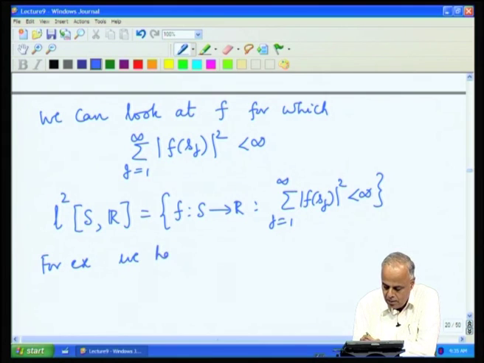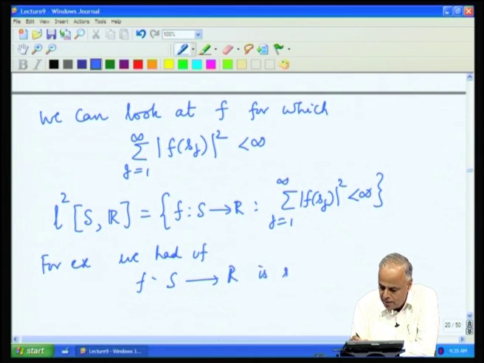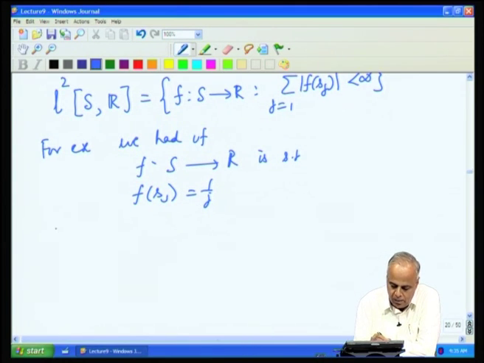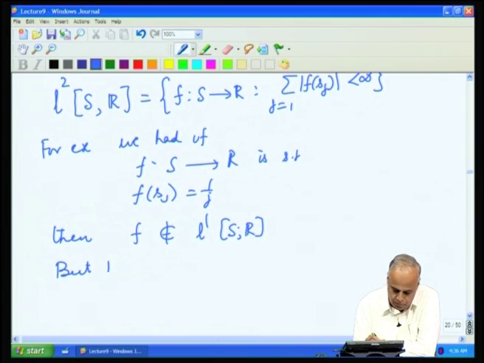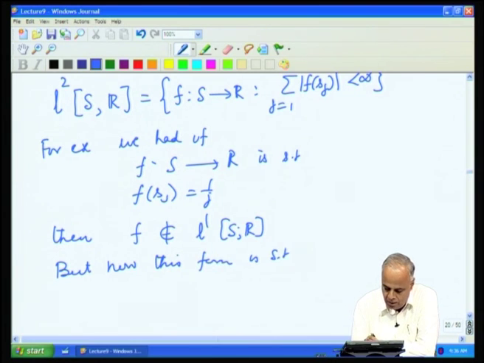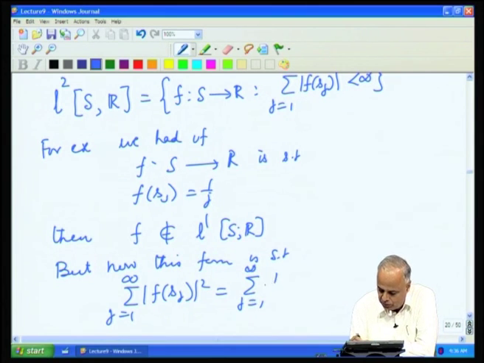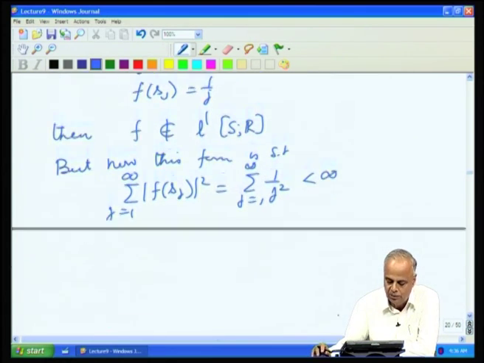For example, we had f mapping S to R such that f of s j equal to 1 by j, then f was not in L1 S R. But now this function is such that the summation of mod f of s j squared, j equal to 1 to infinity, is the summation j equal to 1 to infinity of 1 by j squared, and this we know is a convergent series.